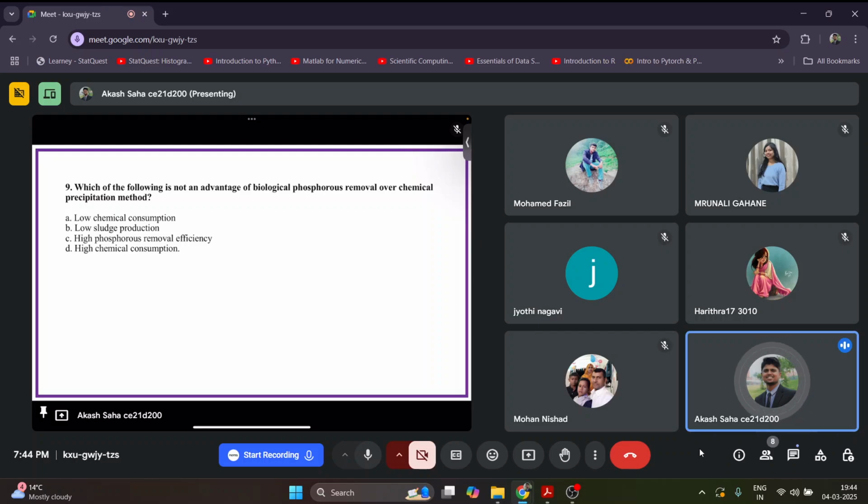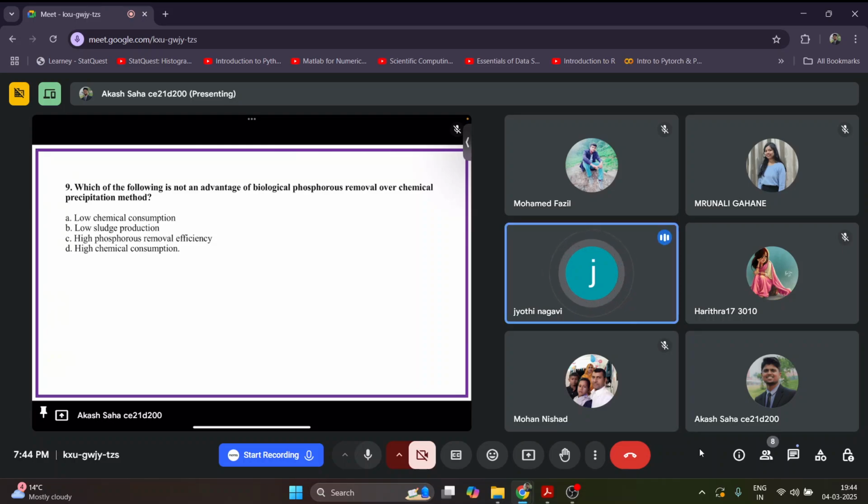Then low sludge production, which will have low sludge, biological or chemical? I guess biological will have less. Biological will have less.